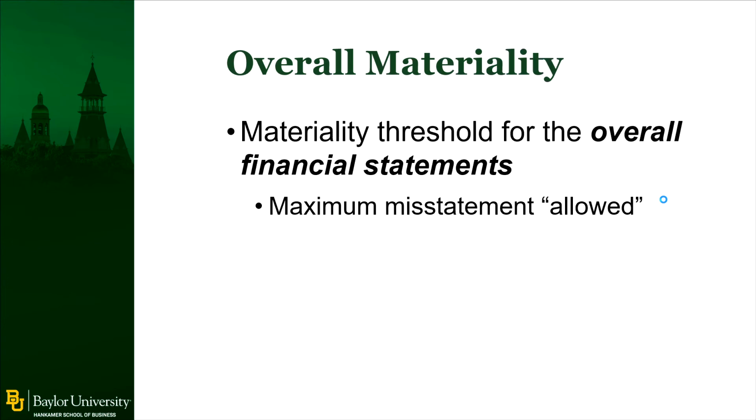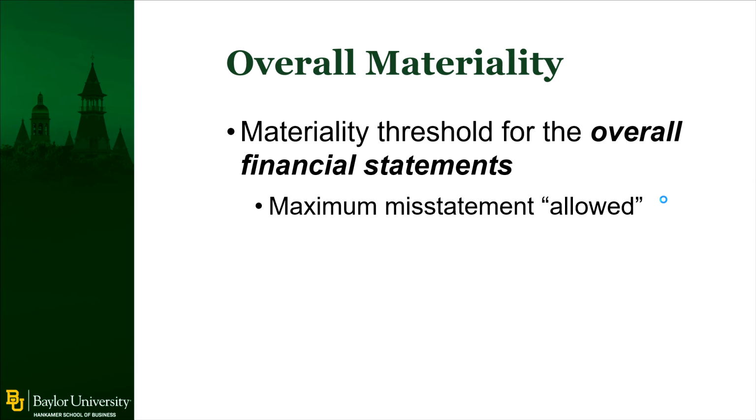So there are two elements of materiality that you need to be very familiar with before you come to class. The first is overall materiality. This is the materiality threshold for the financial statements as a whole. This is the maximum amount that the financial statements can be off before they're going to change the user's decision.